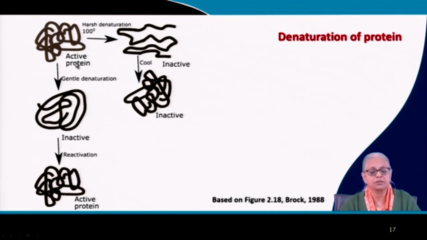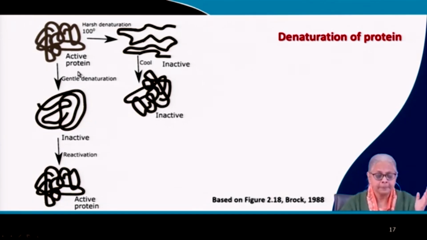So let's say you have an active protein, it's folded in a particular form, and if you boil it, which is considered harsh denaturation, the primary structure will be retained, but when it cools down, it will not come back to this particular folded form, and because it cannot come back to its original folded form, it becomes biologically inactive.